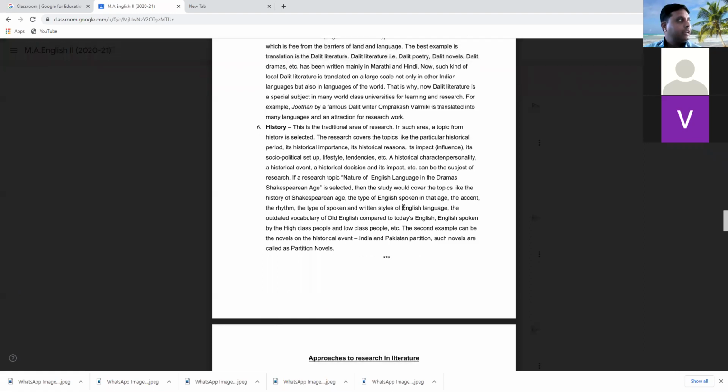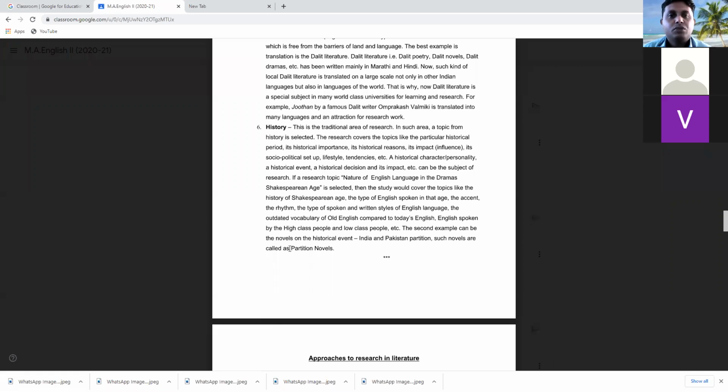Next thing is history. As far as history is concerned, as the title indicates, it is a traditional area of research. In this area, a topic from history is selected for research purposes. A topic from history means research covering topics like a particular historical period, its historical importance, its historical reasons, its impact, its socio-political setup, and lifestyle.